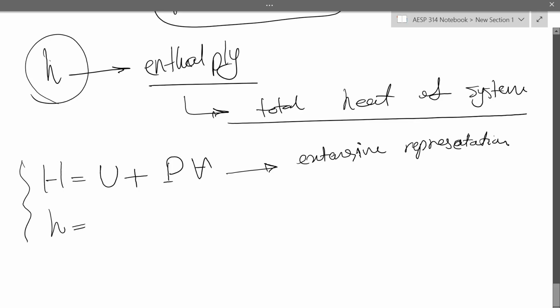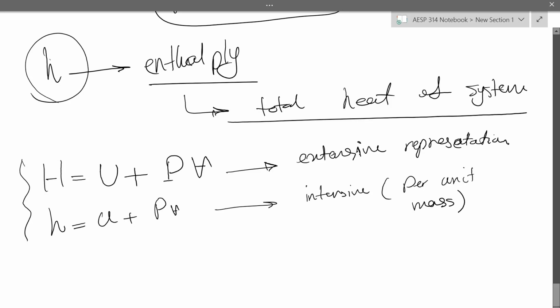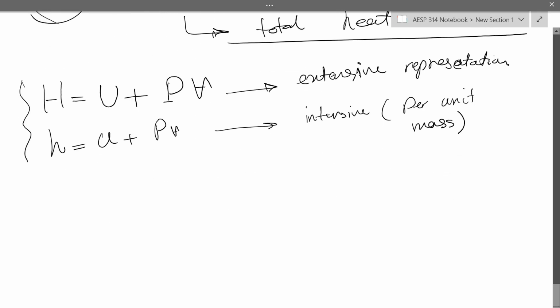We can actually divide everything by mass and have the intensive representation of these properties, or per unit mass. Any questions so far?